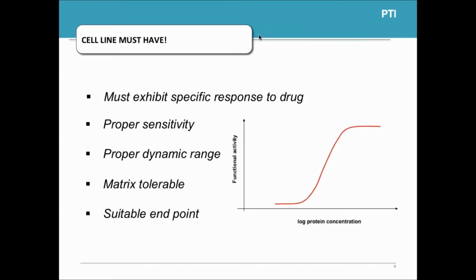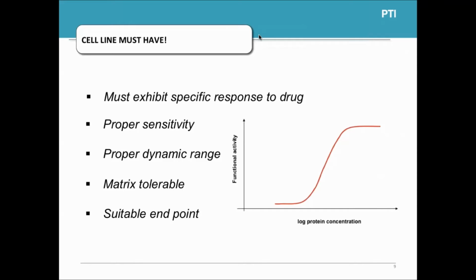It should have a proper sensitivity, which is also in correlation with the proper dynamic range, because the steeper your dynamic range is, the more problems you may have later on to convert a cell-based assay into a NAb assay, or to have a proper parallelism comparison.